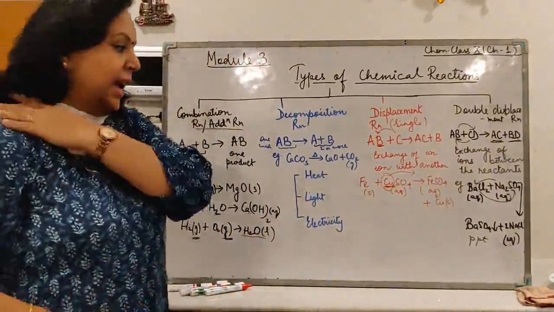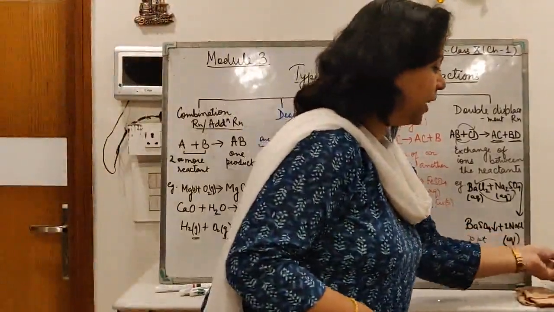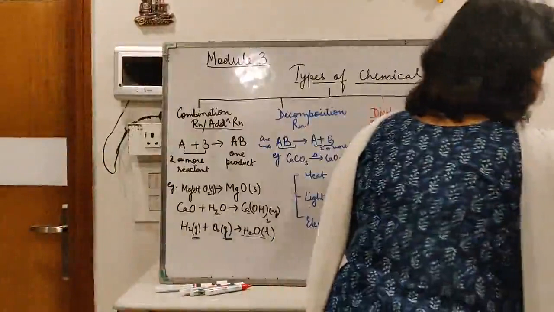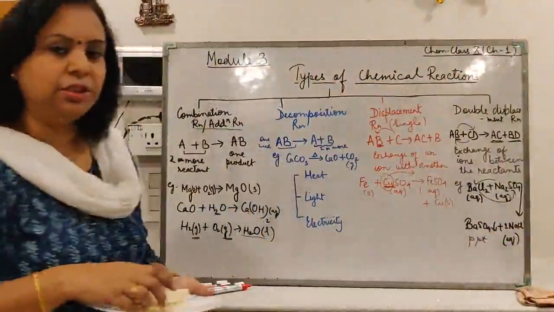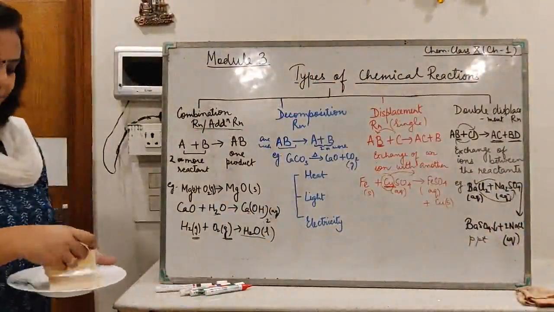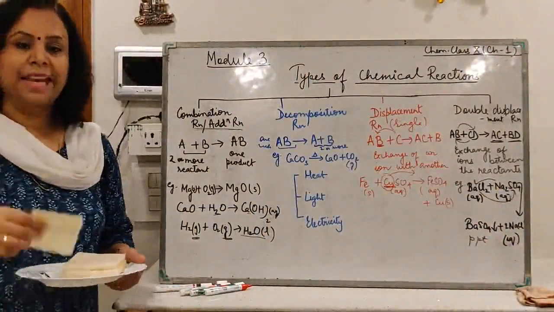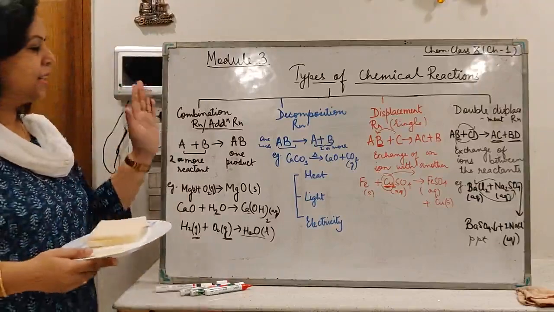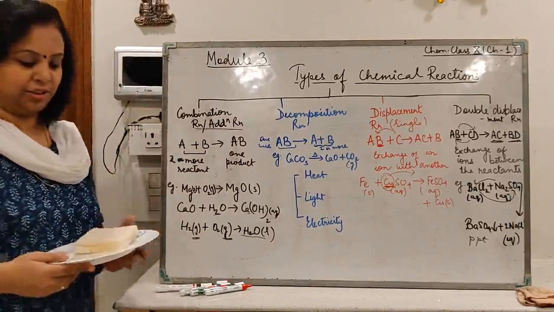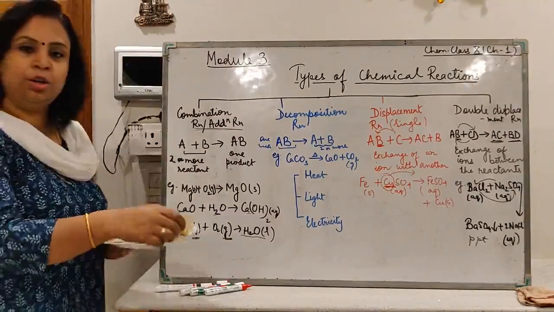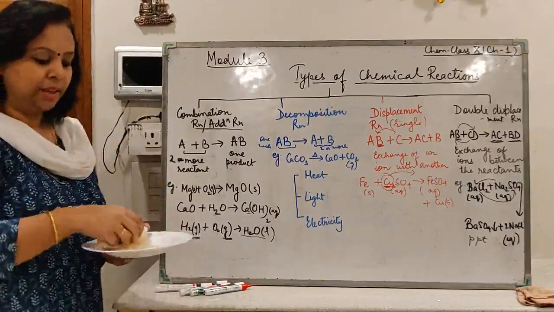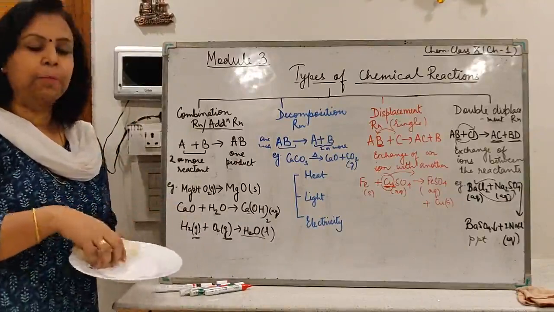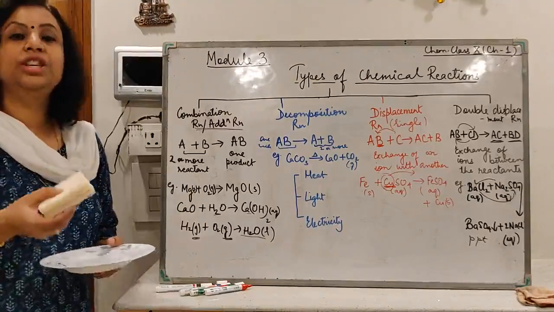Now, I have arranged an activity in order to simplify the learning of the types of reactions. Now, what I am having is a slice of cheese and two breads. Let us see combination reactions. There are two reactants, and when they combine, they give me a product which is new.